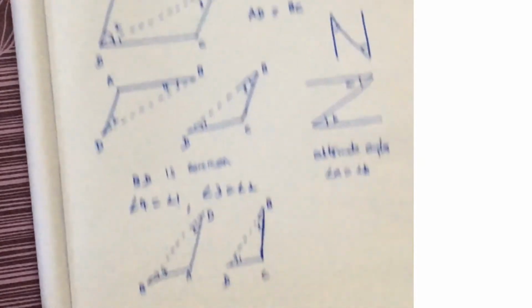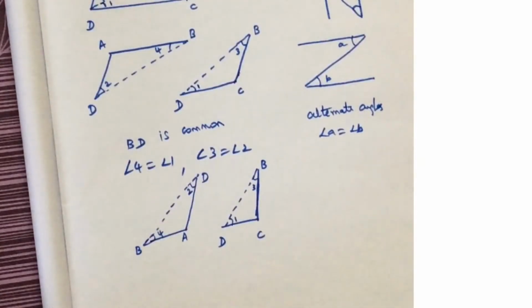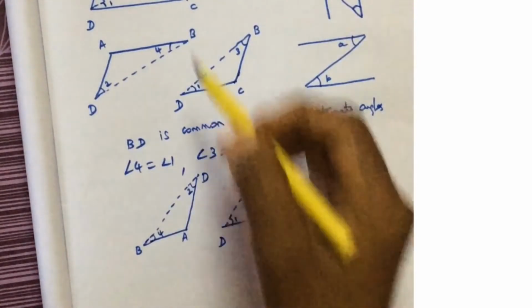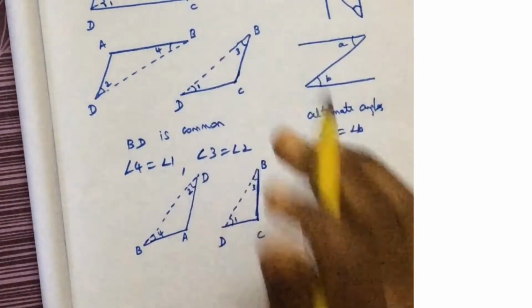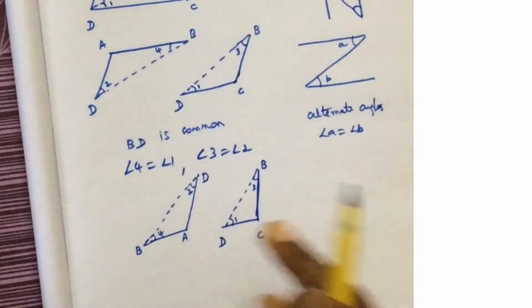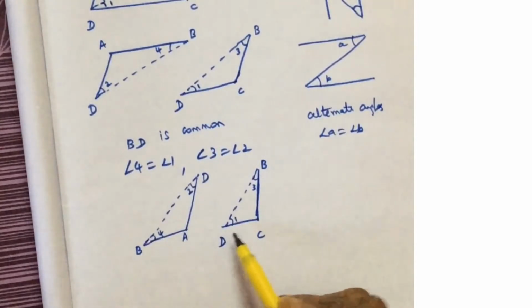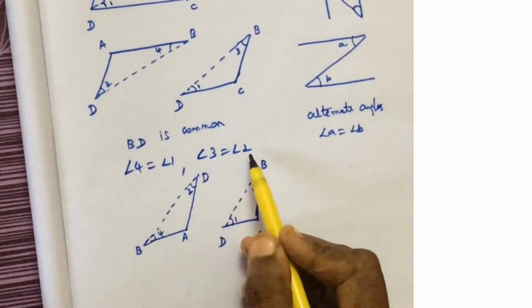Now you can see this BD is common, which means BD is the center line through which we cut the parallelogram. So BD is common. Then angle 4 equal to angle 1. Where is angle 4? This angle 4 is equal to angle 1. And angle 3 is equal to angle 2.